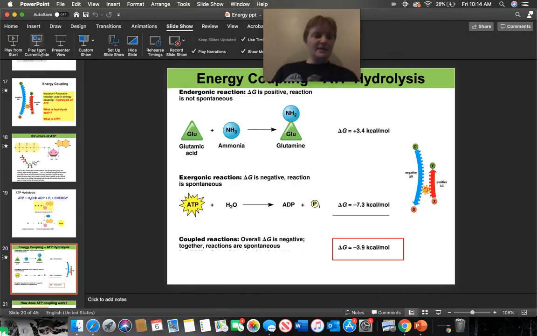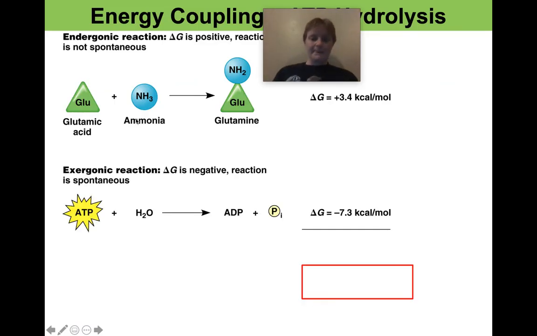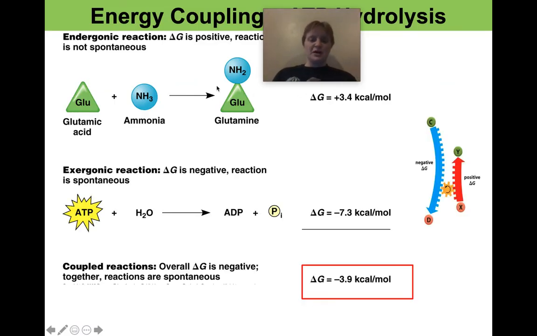Okay, so back to energy coupling. Remember, in order to build this, we've got to get some energy. So we're going to break this bond and release this much energy. Notice the negative change in G. That's an energy releasing reaction. So we're going to do the ATP reaction to turn the crank to drive building this.